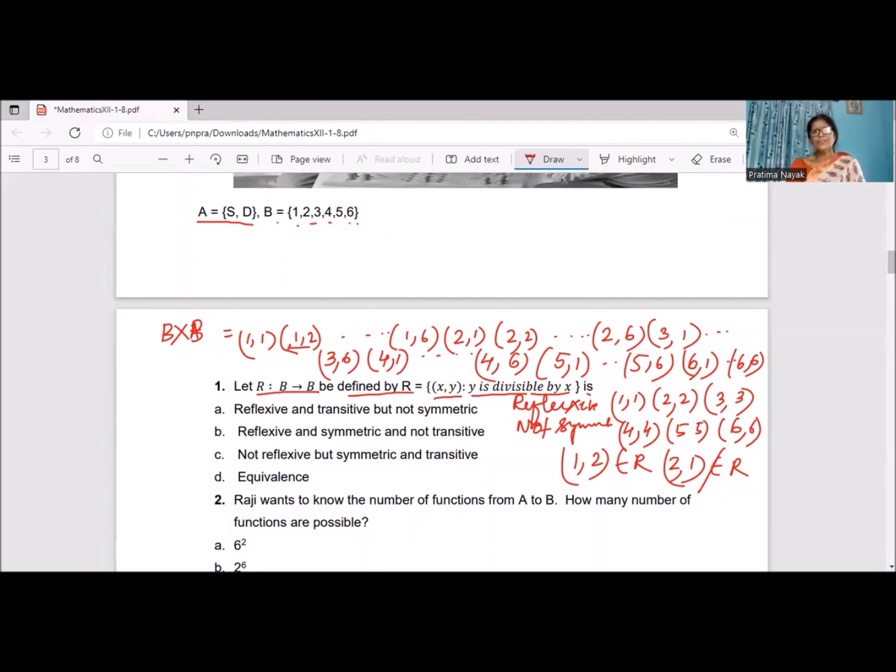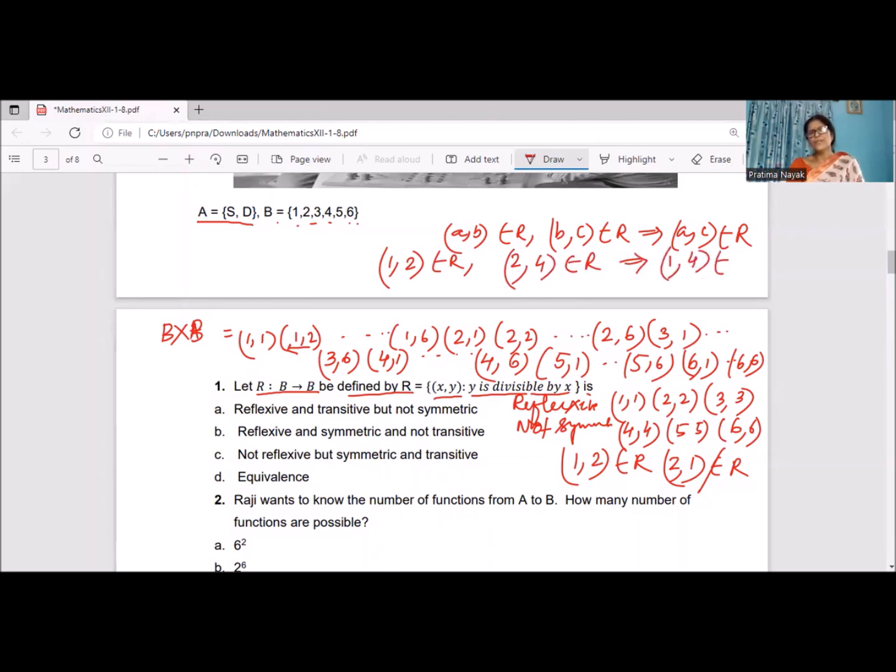For transitive, you know that if (A, B) belongs to R and (B, C) belongs to R, this implies that (A, C) belongs to R, then only it is transitive. Taking an example, if (1, 2) satisfies this relation and (2, 4) satisfies this relation, does it show that (1, 4) satisfies the relation? Here 2 is divisible by 1, 4 is divisible by 2, so 4 is divisible by 1. It is true. So this relation is transitive.